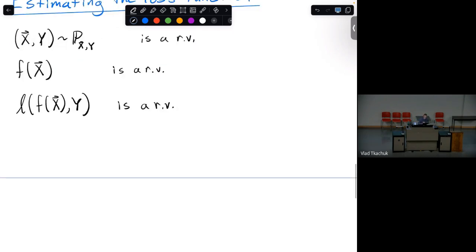So before we had the coin flip, which was represented as X, a random variable, and we wanted to know its expectation. Now we have a more complicated looking object, the loss function of X and Y, still a random variable. Guess what? We want to know, but we don't know, the expected loss, which we wrote like this.